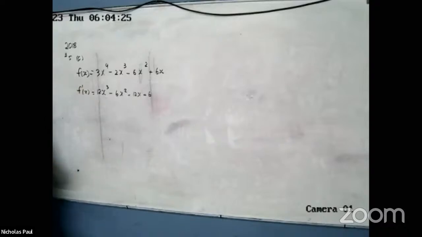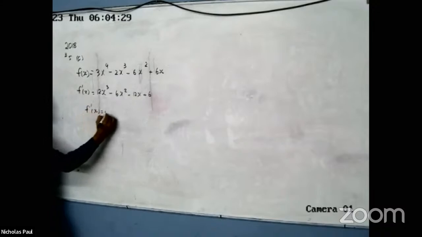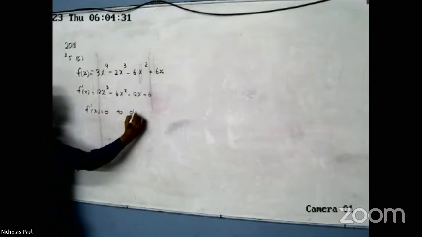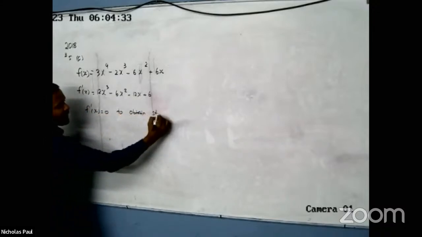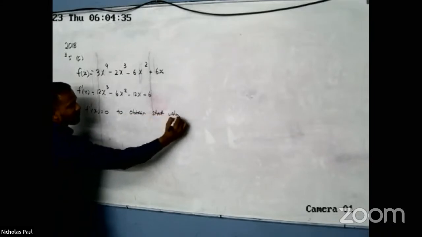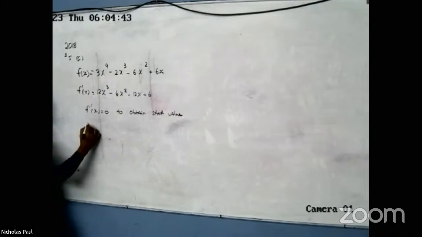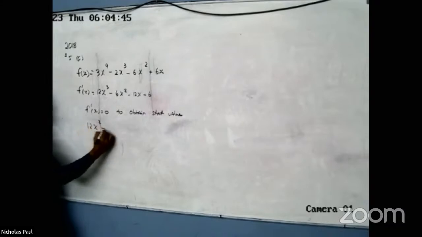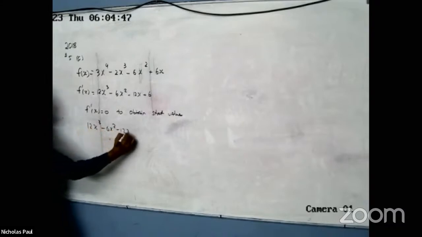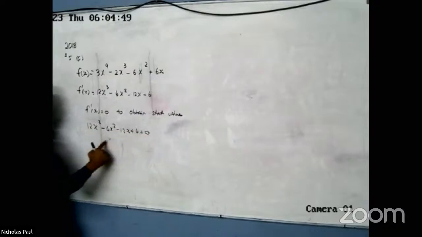When it's an expression, you can't. So first prime equals 0 to obtain stationary values. So you're solving 12x cubed minus 6x squared minus 12x plus 6 equals 0.